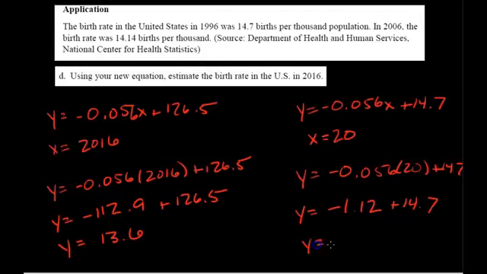And if we add that to 14.7, we get 13.58, which I'm going to round up to 13.6. So in either situation, using either of these equations, you get the same answer. You just got to be careful about what you're substituting in for x.